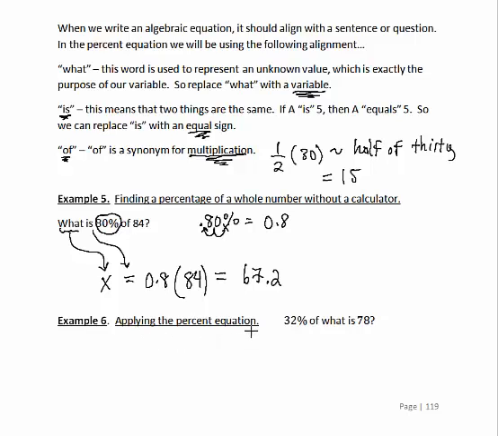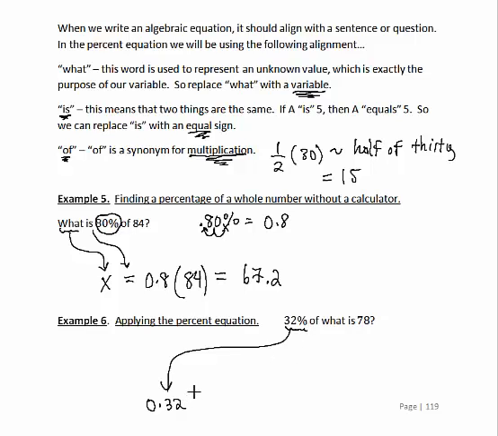Example 6, another version of a percentage equation. We have the percentage of what? Once again, any percentages that we end up with, we will convert to a decimal number. Percent to decimal, we move to the left, 1, 2. So I would have 0.32.